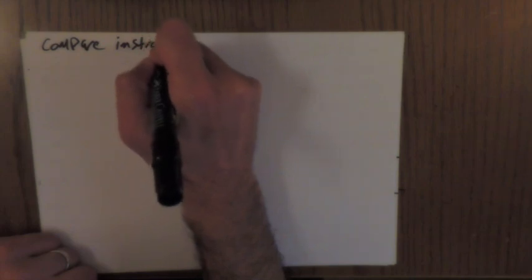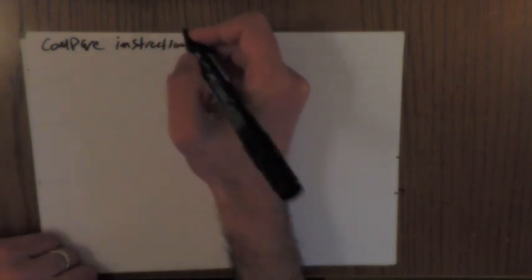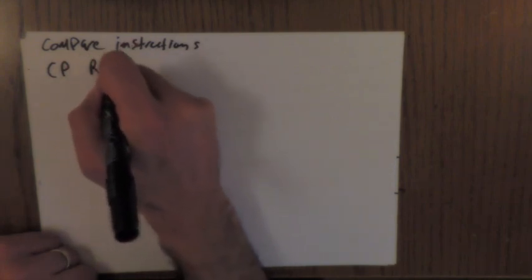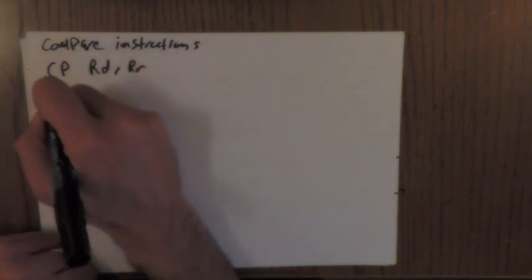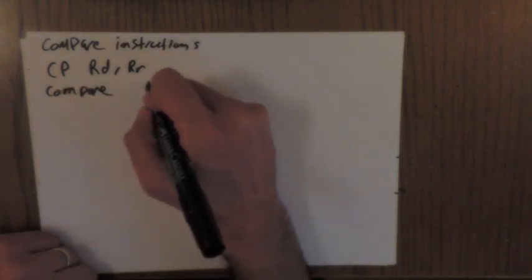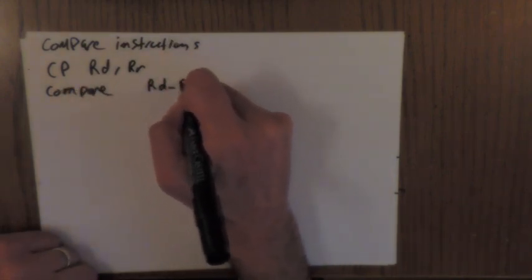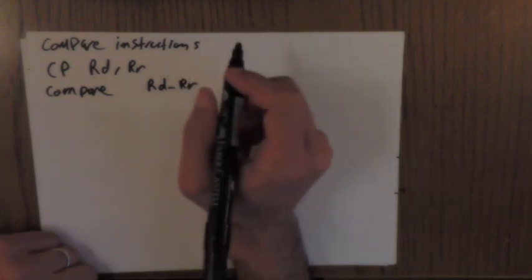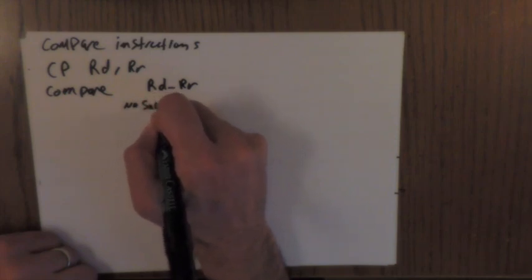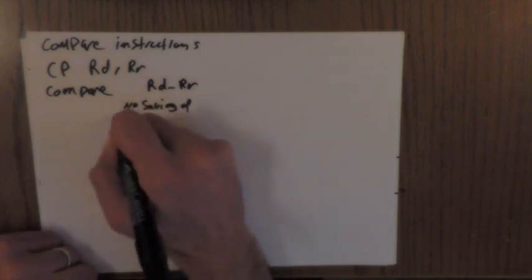Now, if I want to explain some compare instructions, I have CP, compare, RD and RR. So CP means compare. What this does is it just performs RD minus RR without saving the value of the subtraction. So no saving of the subtracted value.